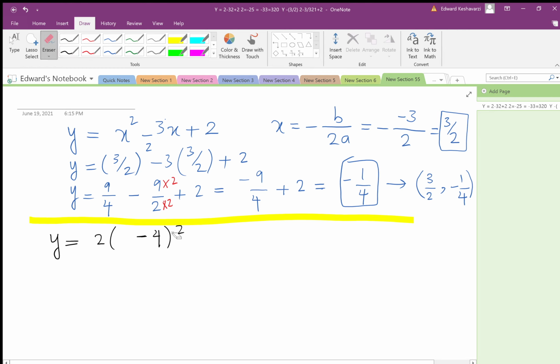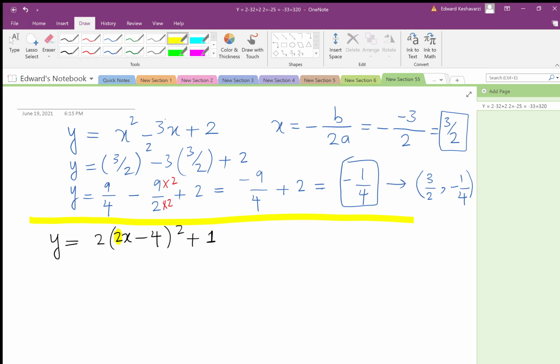I'm going to change inside the bracket. So (2x minus 4) squared plus 1. This is a tricky question. Does this 2 here affect the coordinates of the vertex or not?